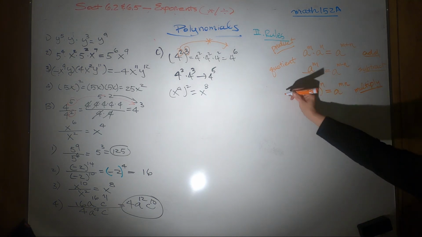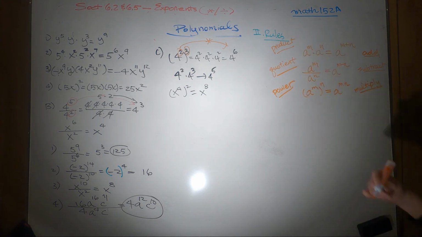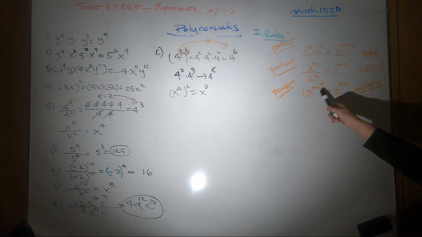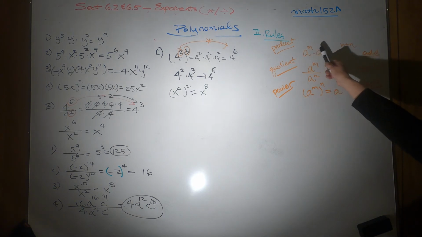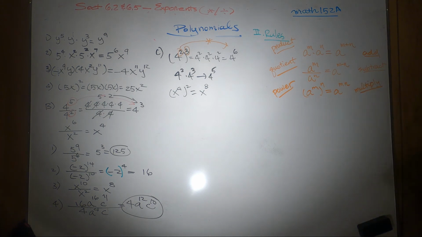So this property we call it power property. Power on power. You need to multiply your power. Okay? Those are one variable. How you would handle your powers.